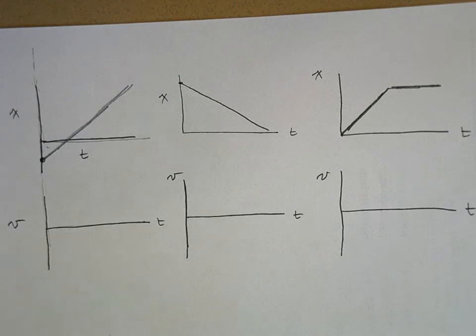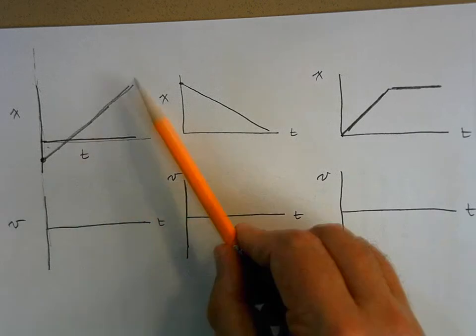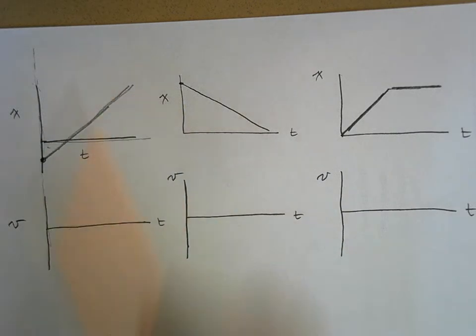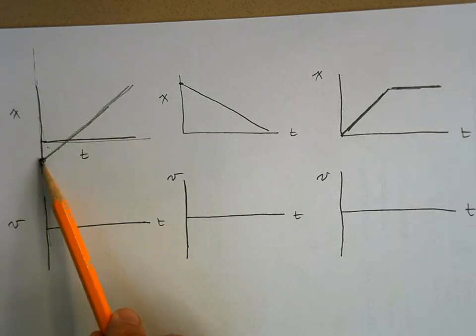And I want you to think about it now. This velocity versus time graph tells you what's going on with the slope of this. It wants to know what's going on with the slope. Does it care where the starting position was?